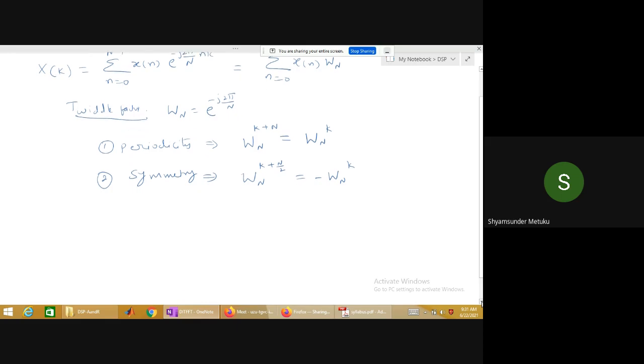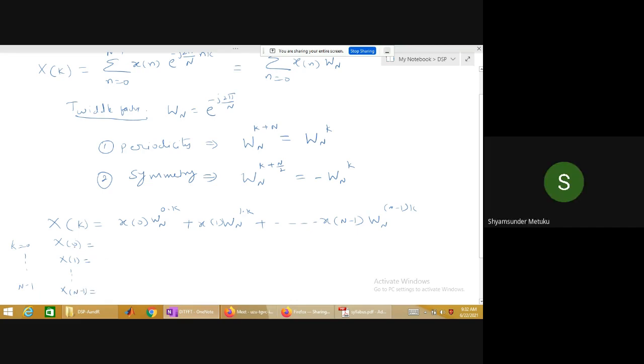If I expand the DFT equation, we have x of 0 W base capital N power 0 times k and so on. Can I write it this way? Yes, sir. Very good. Now, k varies from 0 to N minus 1, so we calculate x of 0, x of 1, up to x of N minus 1.